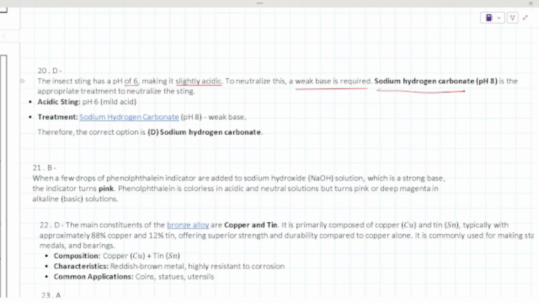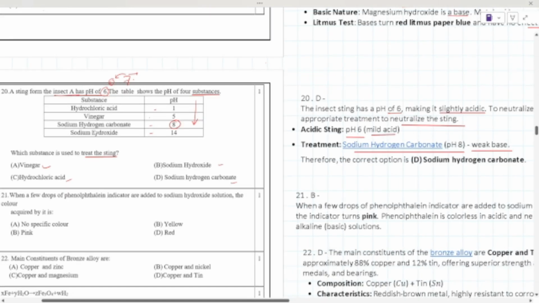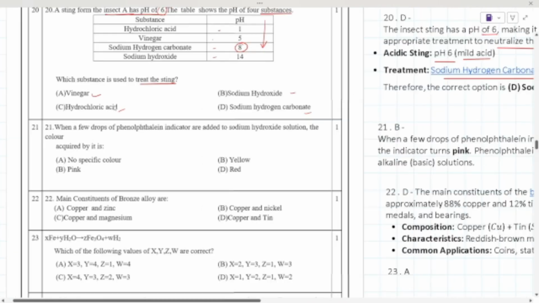Sodium hydrogen carbonate, which has a pH of 8, is the appropriate one to neutralize the sting. As the sting is slightly acidic, the treatment is sodium hydrogen carbonate, pH 8, which is a weak base. That's why we will go with sodium hydrogen carbonate. Is it clear?